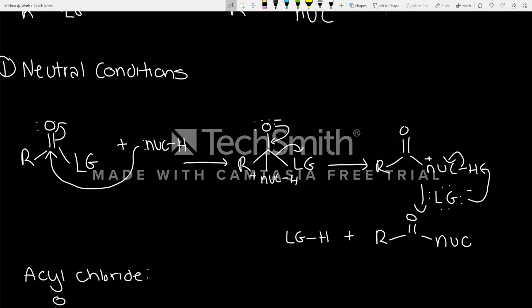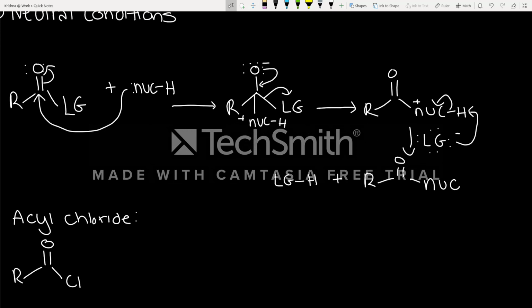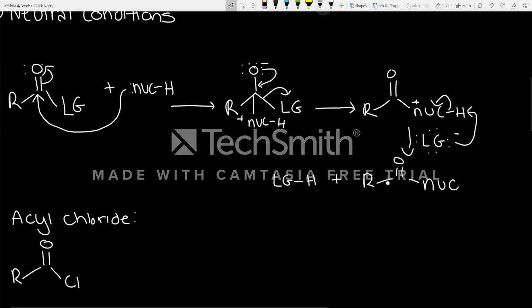Based on this general mechanism, you can see that the nucleophile attacks the carbonyl carbon, which pushes the electrons onto the oxygen, resulting in an sp3 hybridized molecule, which then gets the reformation of the double bond on the oxygen, pushing off the leaving group, resulting in this final product, which can be seen right here.